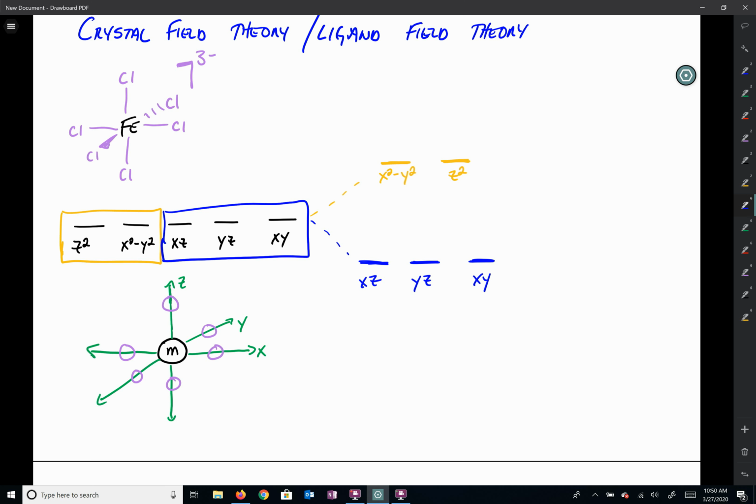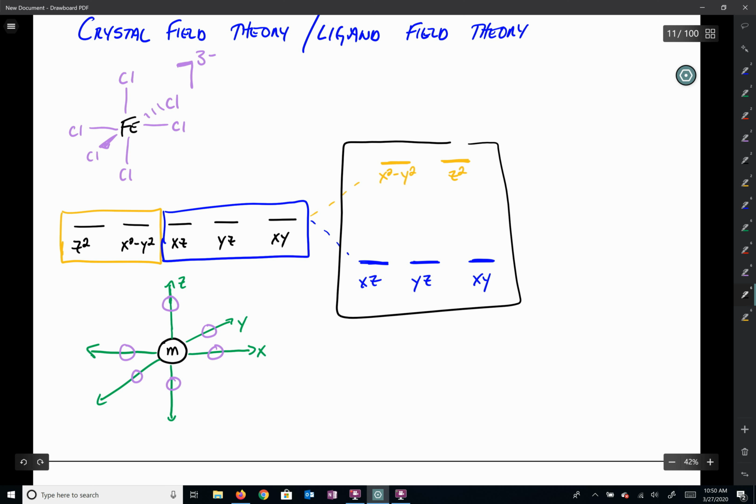It's basically a way of describing how ligands and metals come together and what's going to happen to the orbitals themselves. You're going to see this splitting pattern quite a bit. This is how the generic octahedral d orbital set is going to look.